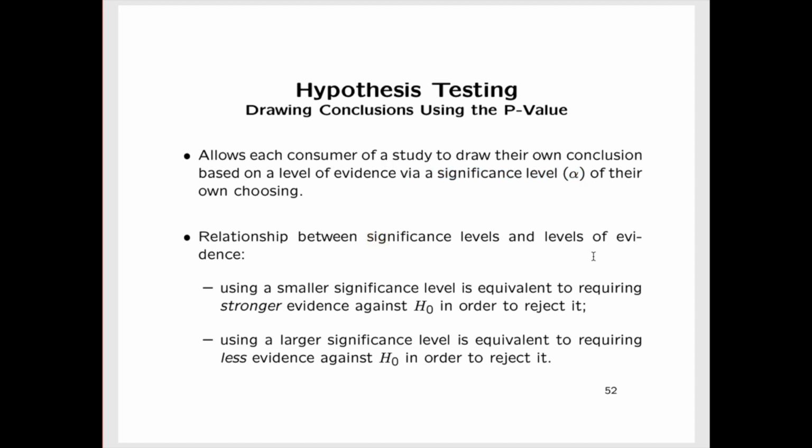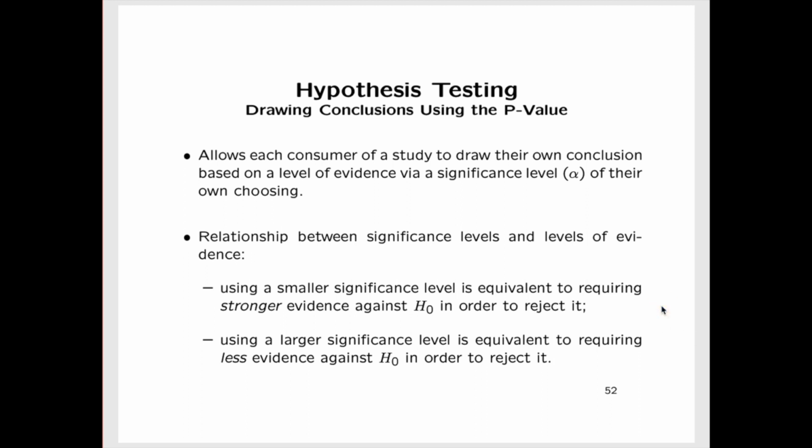Now let's talk just briefly about the relationship between significance levels and levels of evidence. Here is how this works. Using a smaller significance level is equivalent to requiring stronger evidence against the null hypothesis in order to reject it. On the other hand, using a larger level of significance is equivalent to requiring less evidence against the null hypothesis in order to reject it.